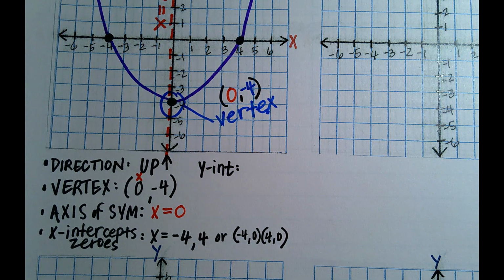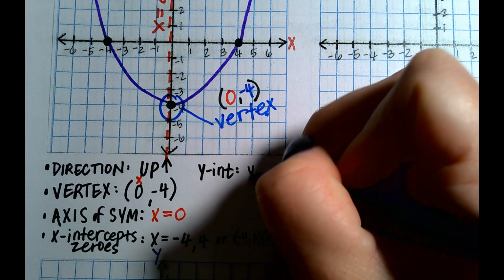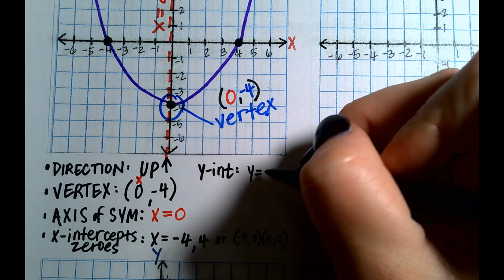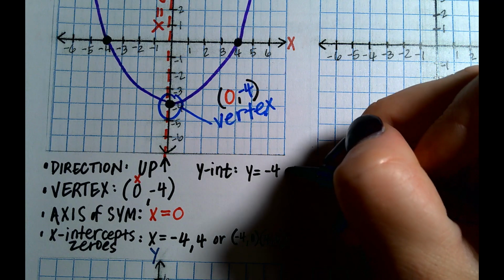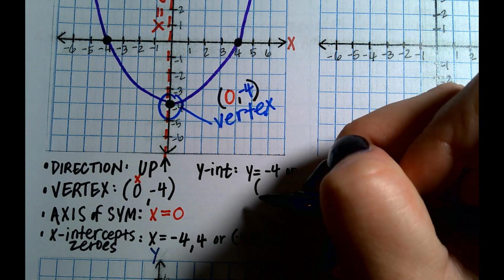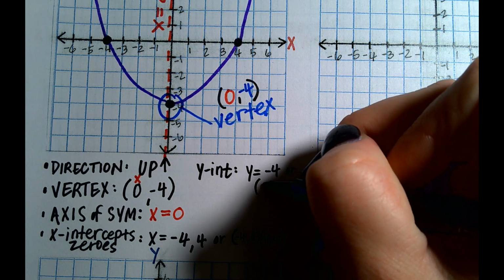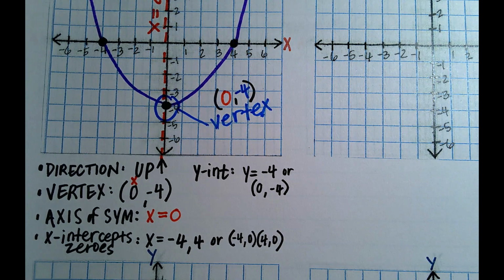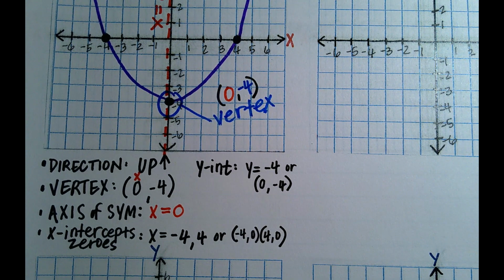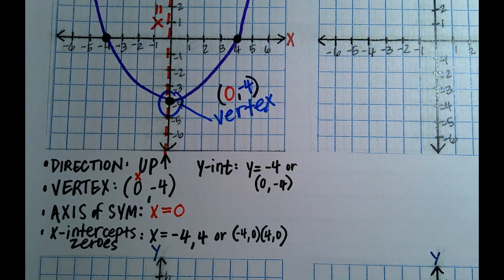So you can either say y equals -4, or you could write a coordinate 0, -4. Okay. Lots of information here.